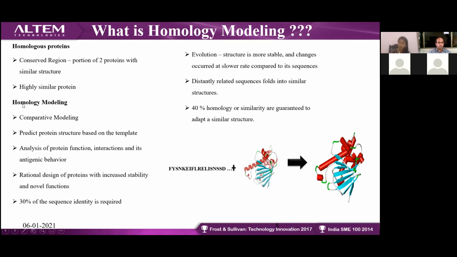And what happens in homology modeling is you will be having comparative modeling. So what happens in comparative modeling is you have two similar sequences, and you will be comparing the two similar sequences. After that, you will be predicting the protein structure, which is based on the template.